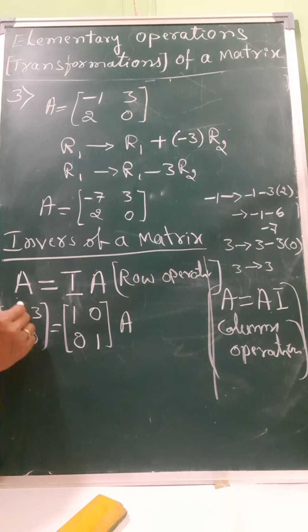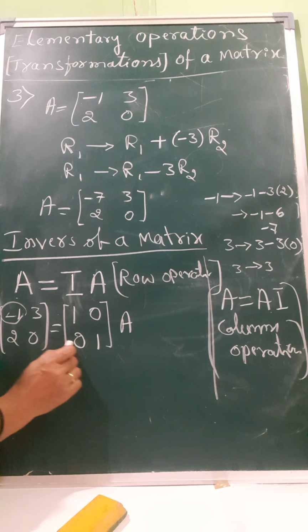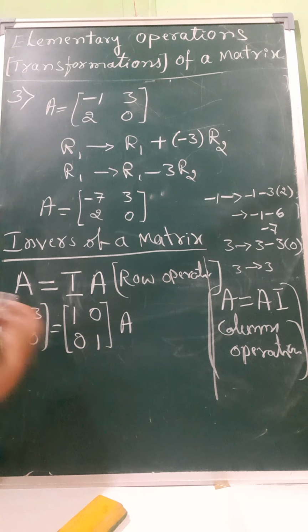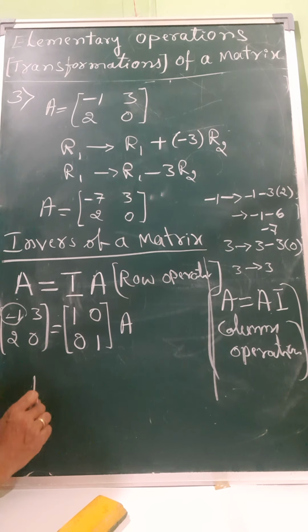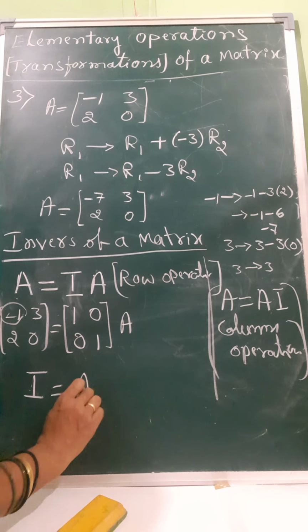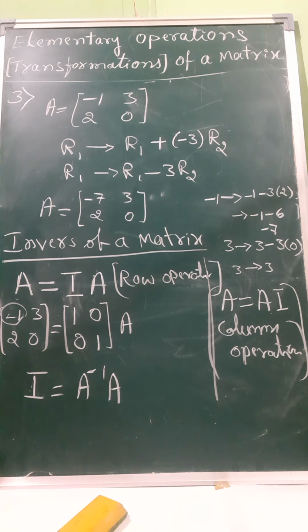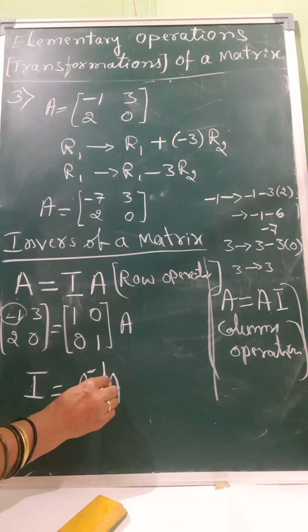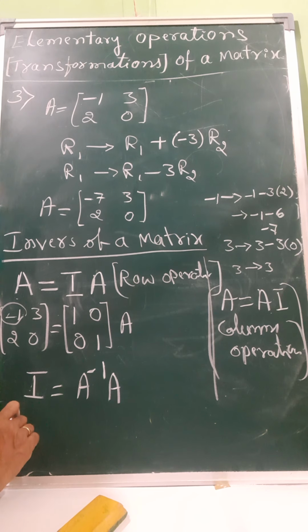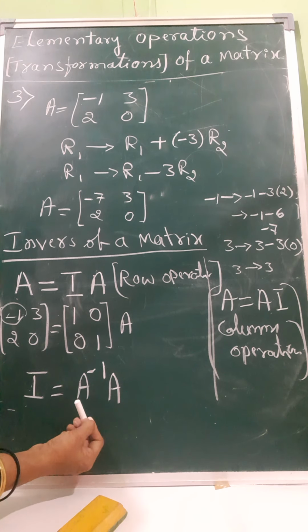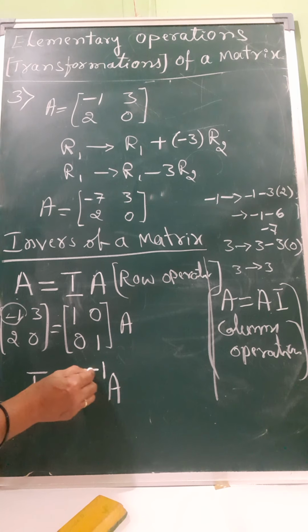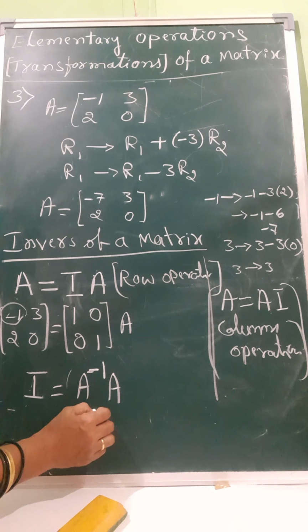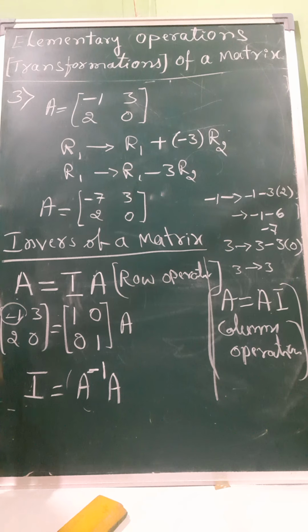So this minus 1 becomes 1, 3 becomes 0, 2 becomes 0, 0 becomes 1. So I is equal to A inverse into A. This is the last step. This A converted as I, and this I changes to A inverse. This is the inverse of the given matrix.